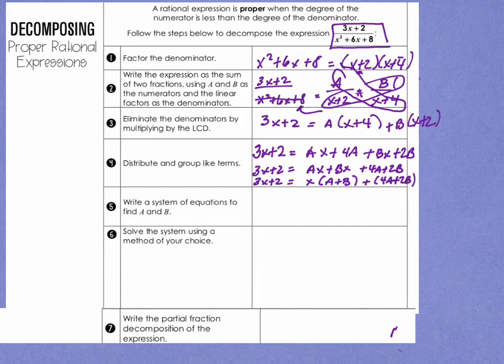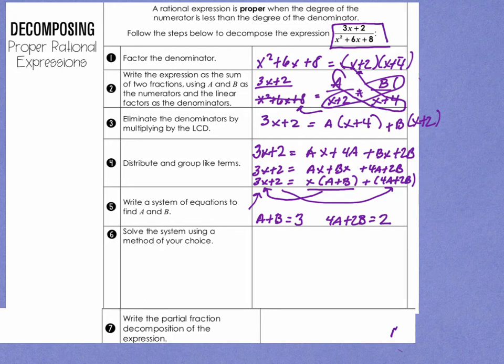Okay, it says write a system of equations. Before you go, let's look at this. This means that A plus B times x has to equal 3x, right? And the constant has to equal that. So we can say that A plus B has to equal 3, from this example right here, and 4A plus 2B, the constants, have to equal 2.